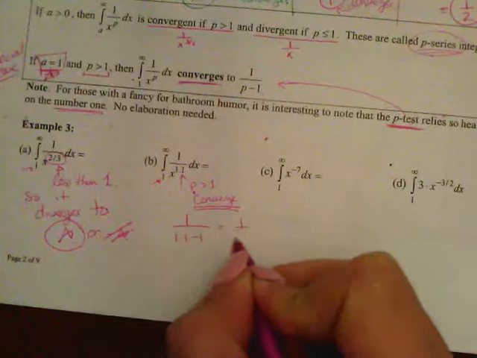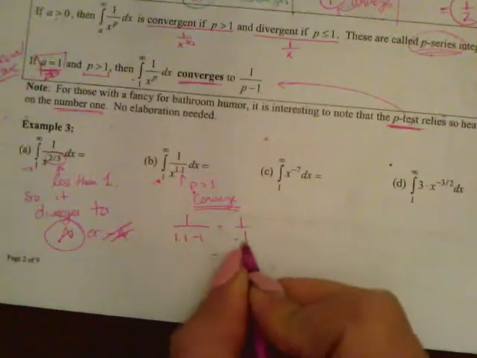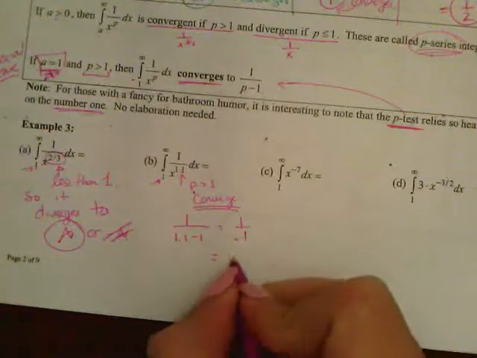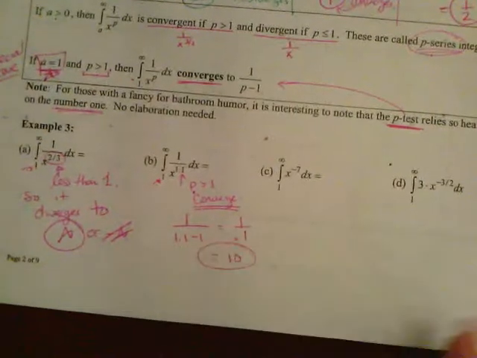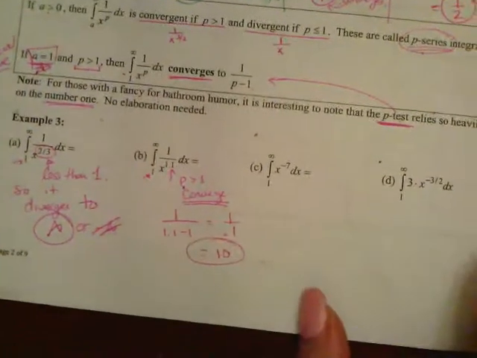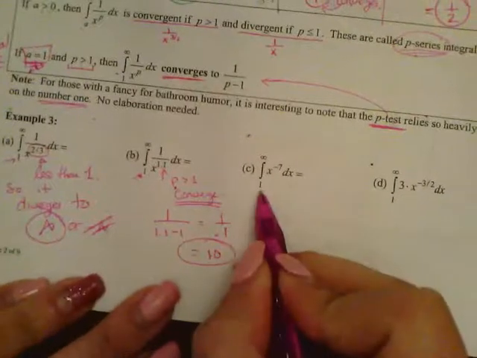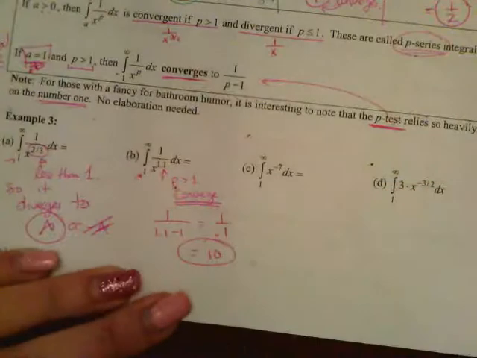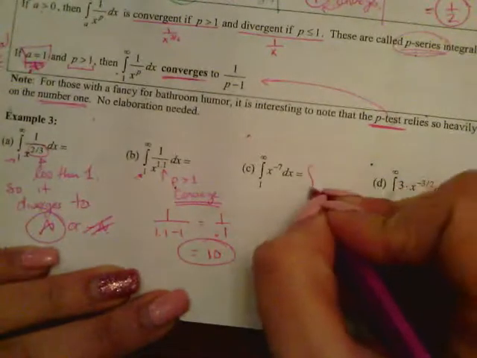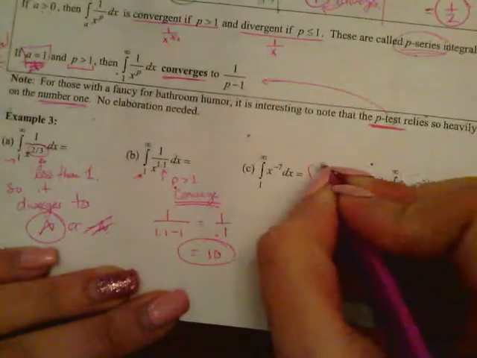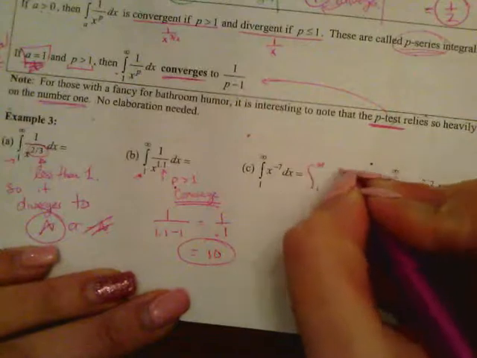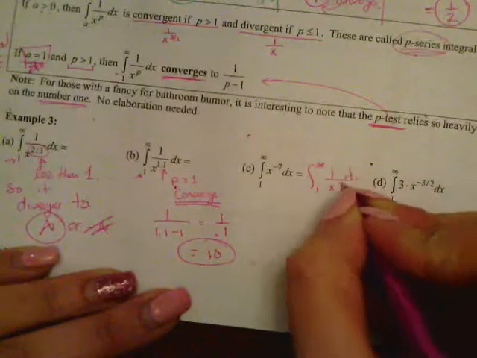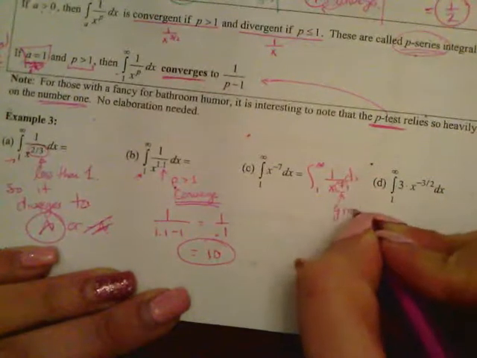So this is 1 over 0.1, and we know 0.1 is 1 over 10. So 1 divided by 1 over 10 is 10. So it's converging to 10. Next up, you want to rewrite this so that you have a good idea of what your p exponent is going to be, right? So this is 1 to infinity of x to the 7. Obviously this is greater than 1.